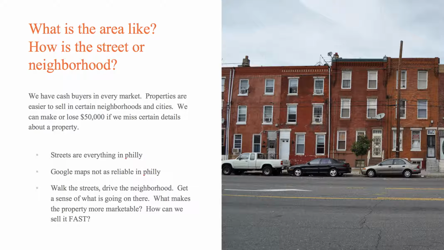So to get a good feel, you have to walk the street, park your car, walk around the block, really get to know the neighborhood and what's going on. If you see a lot of renovations going on, a lot of dumpsters, a lot of new construction, then we can probably dispose of it pretty easily, and we might be able to be a little more flexible in what we can pay.